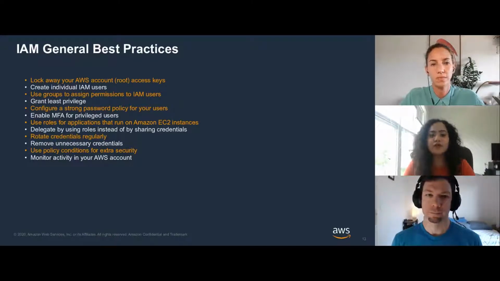And then we definitely recommend having multiple layers of authentication, so enabling MFA, configuring very strong password policies, and rotating whatever access keys you're assigning to your users regularly. That life cycle can depend on your business requirement, but it needs to be done as a security measure. Sharing credentials is not recommended at all.